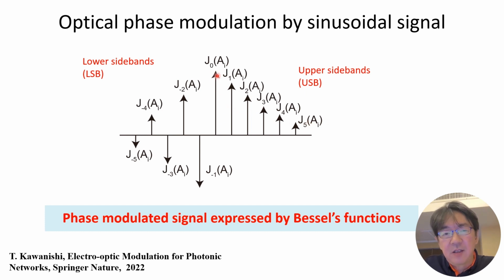The intensity and amplitude of the carrier component should be equal to the 0th order Bessel function, and the first order sideband amplitude is equal to the first order Bessel function. Here the second order sideband amplitude would be proportional to the second order Bessel function. And in the lower sideband, the polarity will be flipped.